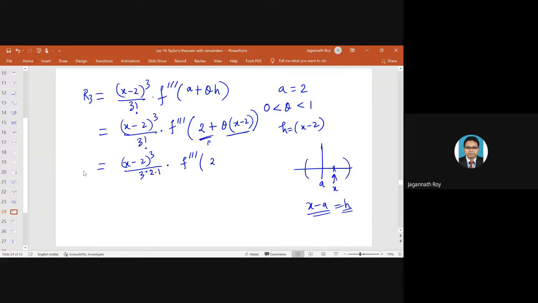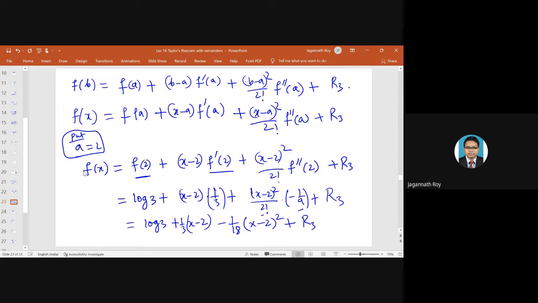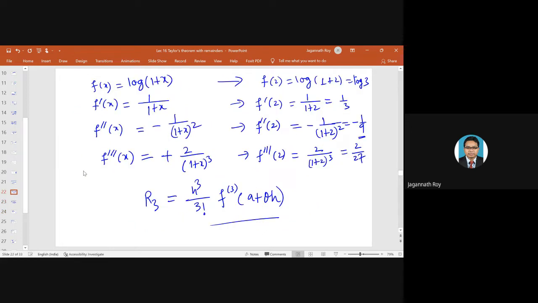You can write it as f of a plus theta h type. If you go back and check the expression for R3, it was this formula. Now in place of x, we'll substitute those values.